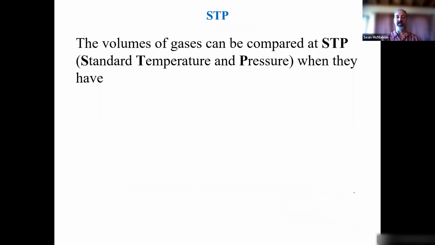So the volumes of gases can actually be compared under standard temperature and pressure. What do I mean by that? We can create a set of conditions, STP, which stands for standard temperature and pressure, and then we can compare volumes under these conditions pretty much always. That way we can do volume ratios, because volume is proportional to the moles.